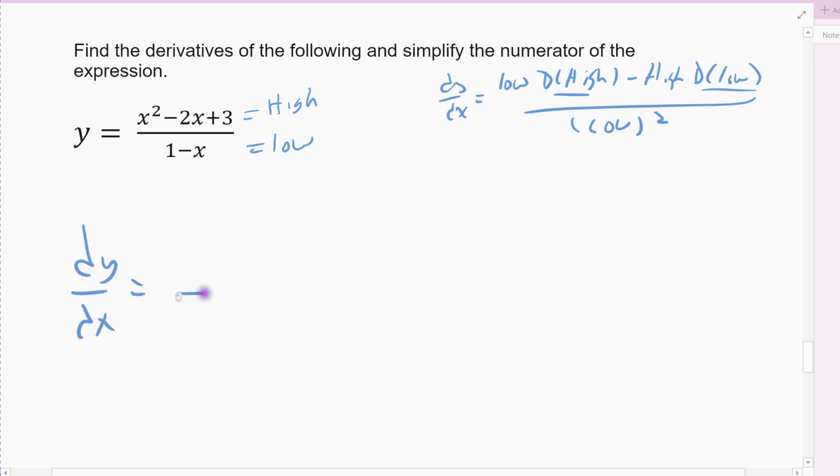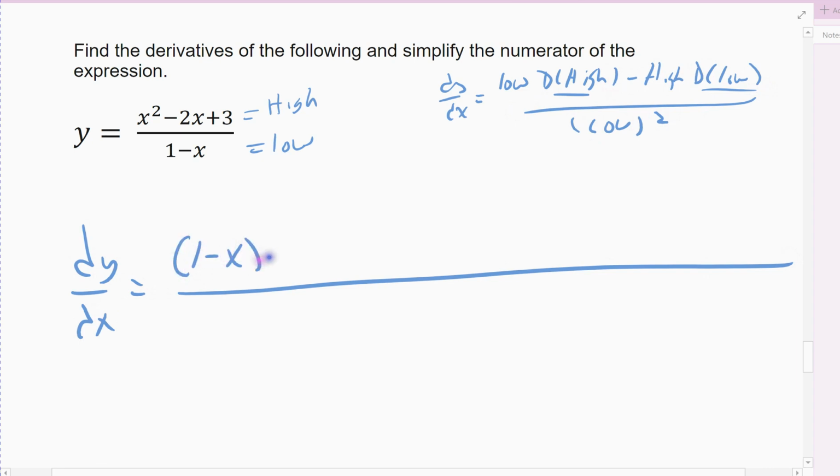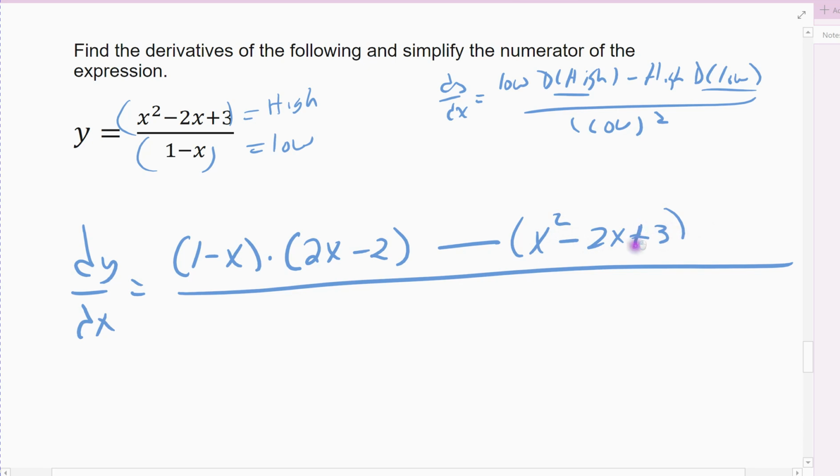All right, so my low function, as is, 1 minus x, times the derivative of the high. So the derivative of the top function is going to give me 2x minus 2. Then there's a minus, you can't forget, the high times the derivative of the low.